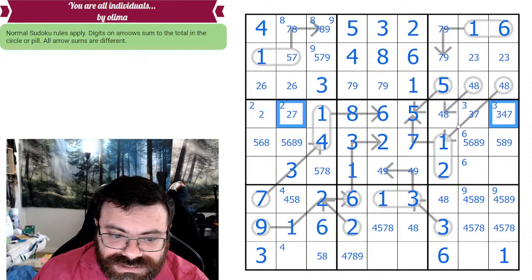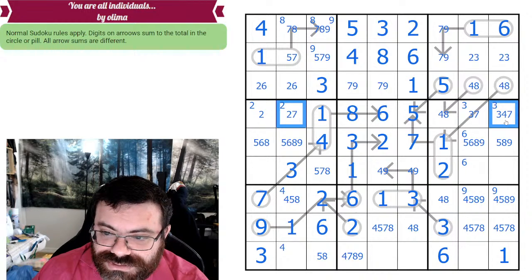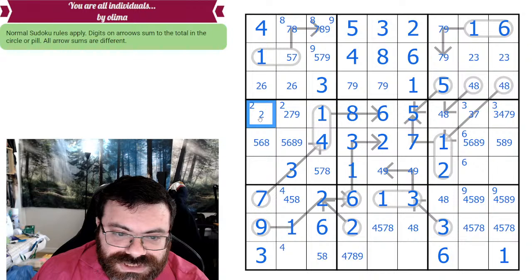And then 9. This is a naked 2. Where can 9 go? Here or here. So this can't be 1, 3, 4, 5, 6, 7, 8, or 9. So it's a 2. That puts 6 and 2.